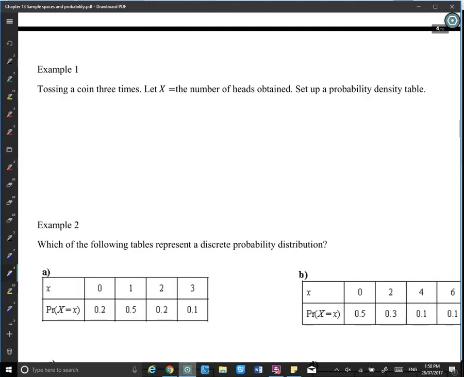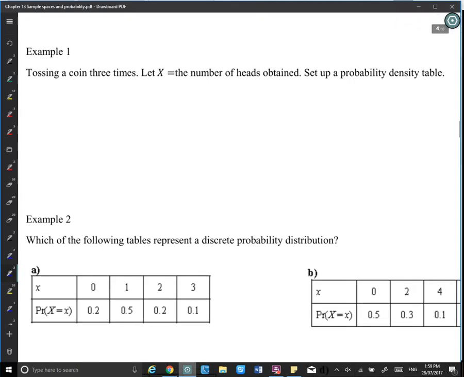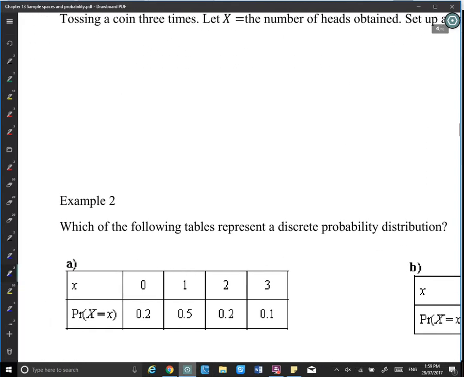An example of how to show a probability distribution table, or how to make a probability distribution table. Tossing a coin 3 times. Let X be the number of heads obtained. Set up a probability density table or probability mass table. Okay, I'll draw a tree diagram first.